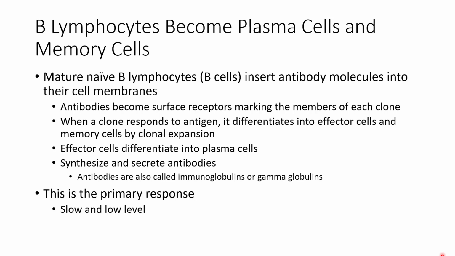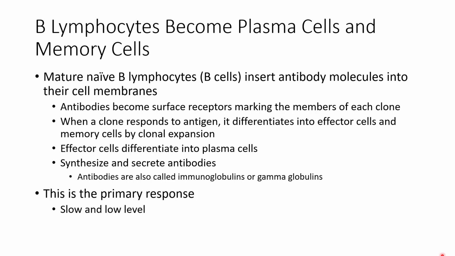The cells associated with acquired immunity are going to be our lymphocytes, specifically our B lymphocytes. Now, B lymphocytes, like I said, they become plasma cells or memory cells. And when we get a mature, we call it naive B lymphocyte, we stick an antibody into their cell membrane, and as soon as that antibody gets put on the cell membrane, it becomes a surface receptor, and it then starts making clones of itself.